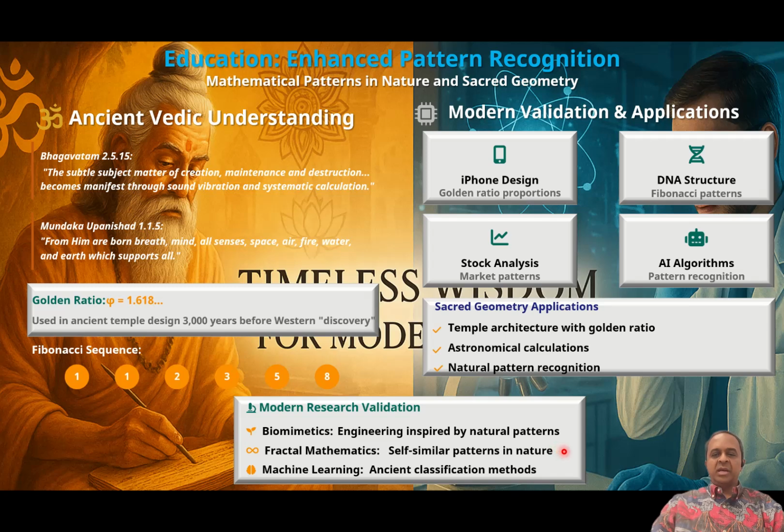If you look at fractal mathematics, self-similar patterns which are in nature. And then machine learning, AI, the ML, ancient classification methods are very prevalent there. The truth is that ancient pattern recognition methods often outperform modern approaches because they work with the fundamental patterns of nature rather than against them.